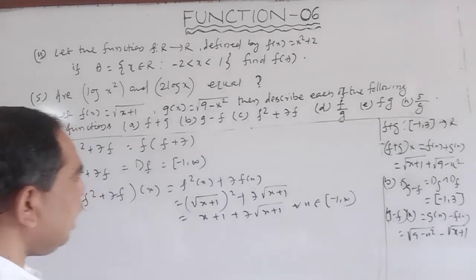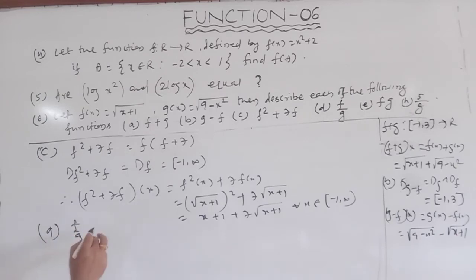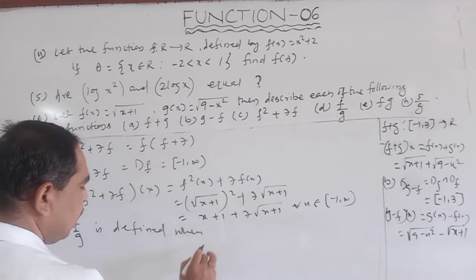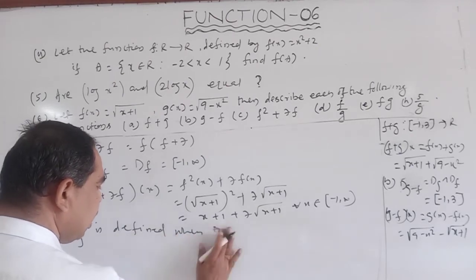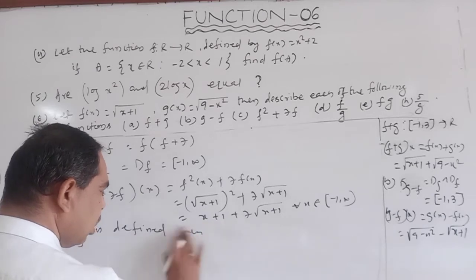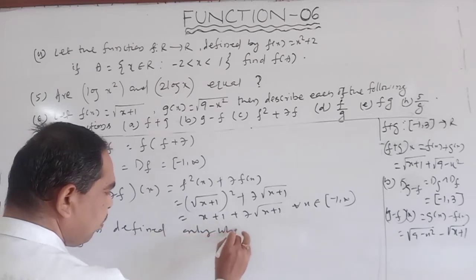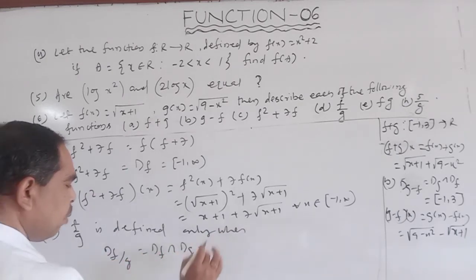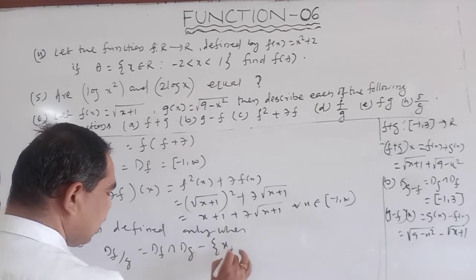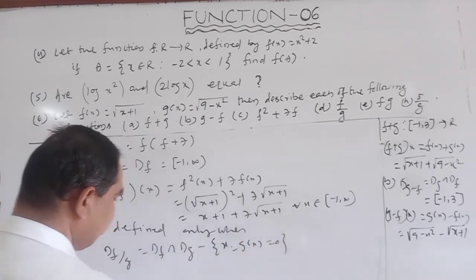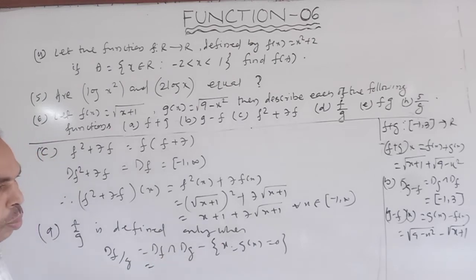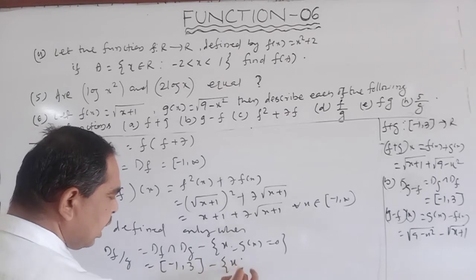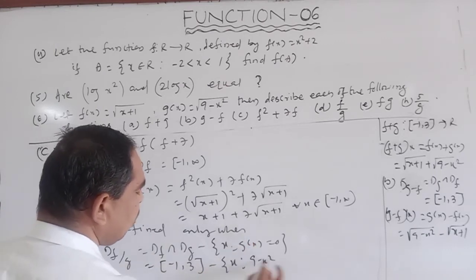Okay, next d. What is d? f by g. f by g is defined only when x belongs to the domain of f intersection domain of g minus x such that g of x is equal to 0. So this is domain of f intersection domain of g, which means minus 1 to 3, minus x such that g of x is equal to 0, which means 9 minus x square is equal to 0.